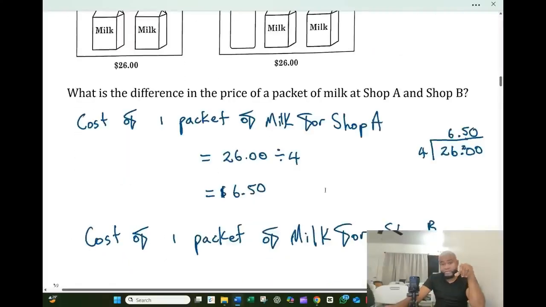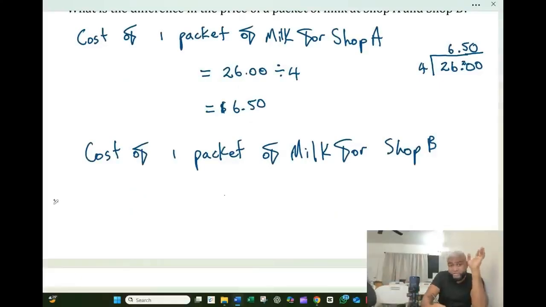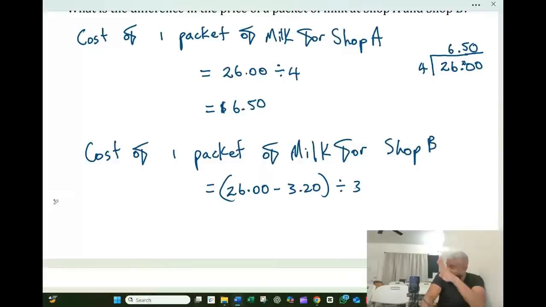So the first thing you have to do is $26 minus $3.20. You need to work this out first and then divide it by 3 because it's 3 packets. So let's do 26 minus 3.20 in the working column.